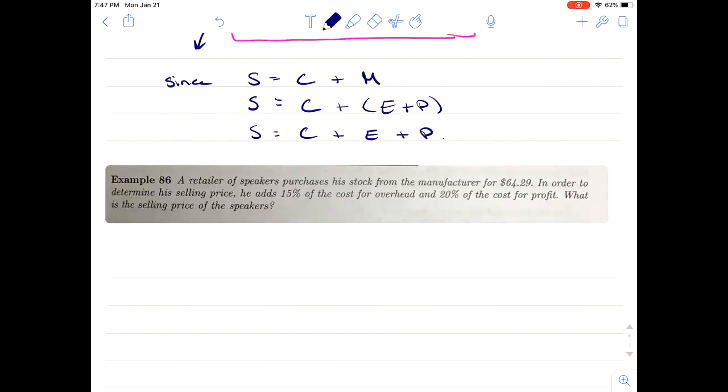So that's the cost to him. In order to determine his selling price, he adds 15% of the cost for overhead and 20% of the cost for profit. What is the selling price of the speakers?